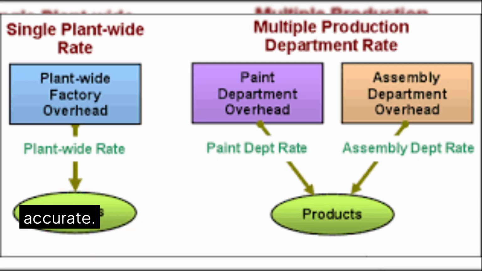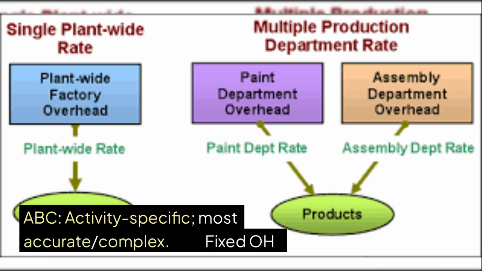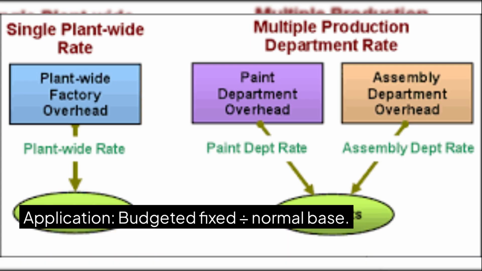There are pros and cons for both of those. There is also a third way called the activity-based costing way. That is, we look at the activities and we assign the overhead in each department by the activities. This is more accurate, but is very complex. So again, the benefits and the limitations of each of these methods is what is important.